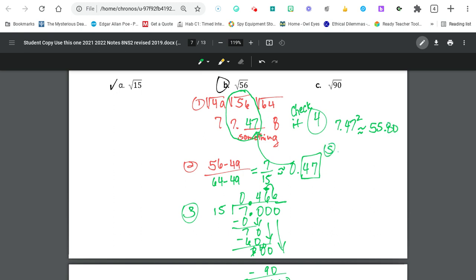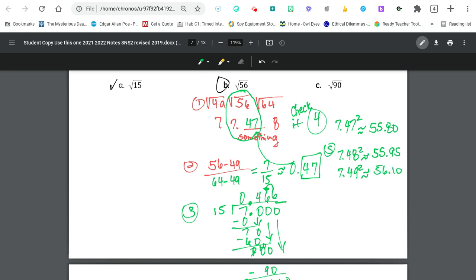Now, step 5 is to keep checking it. 7.48 times 7.48 is 55.95. Got a little closer. Let's try 7.49. It's 56.10.